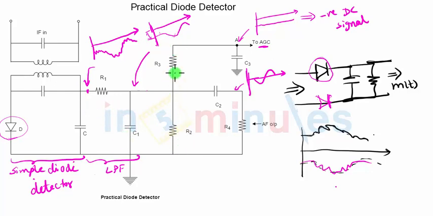R2 and R3 provide an additional path for the signal at the output of C1, and R3 and C3 form a low pass filter with a very low cutoff frequency. So from the DC signal and the modulating signal, the modulating frequencies will be blocked and the DC signal goes towards the AGC side.